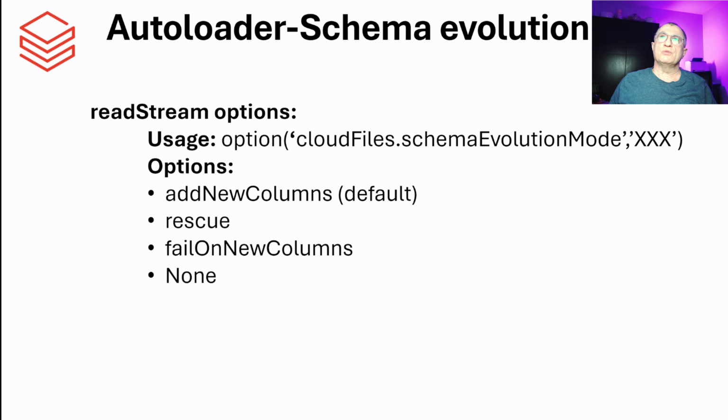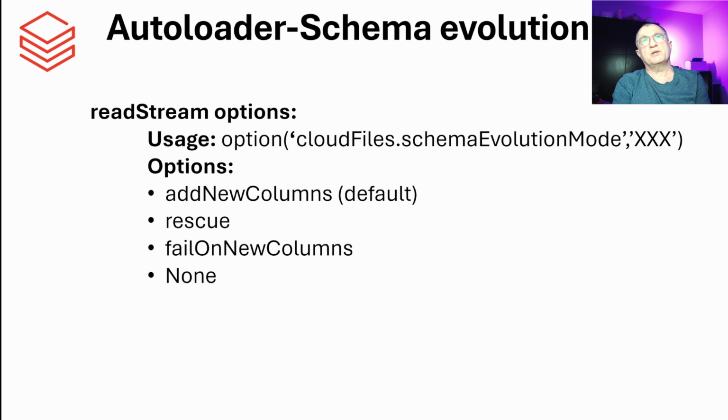The addNewColumns option is the default option. With this option, your streaming pipeline will fail when it starts ingesting files which have different schemas than it expects. However, if you re-execute the streaming pipeline, it will resume from the point it has failed on and will add extra columns to the target schema.